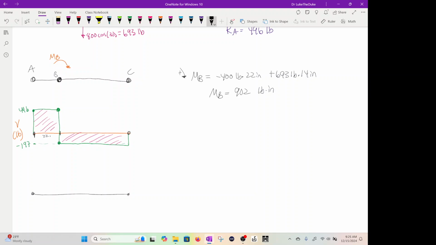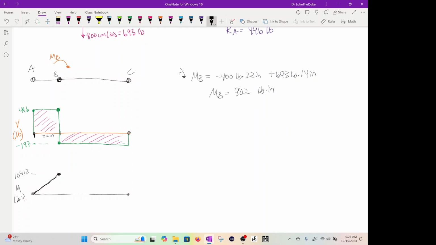So it's going to go up to right here. This is a simple rectangle. You just take the area, and that's your moment increase. So this value is 10,912 pound-inch.